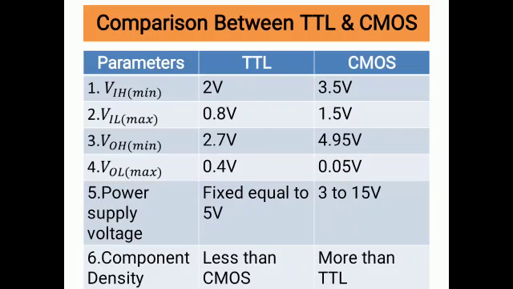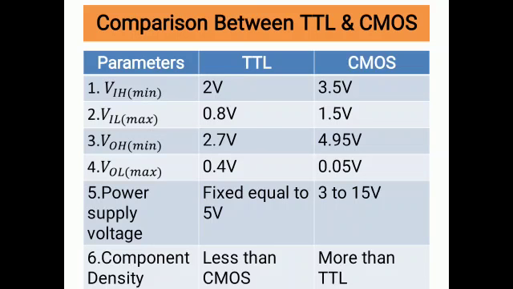And for CMOS, the low level input voltage maximum limit is 1.5 volts, means it starts from 0 to 1.5. Whereas for the input high level, the minimum value is 3.5, means it starts from 3.5 to 5 or more voltage. Then the output low level maximum value is 0.4 for TTL and 0.05 volts for CMOS.